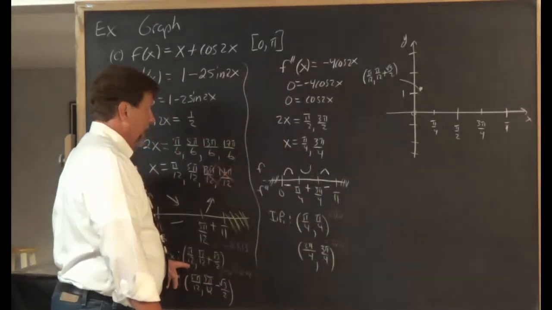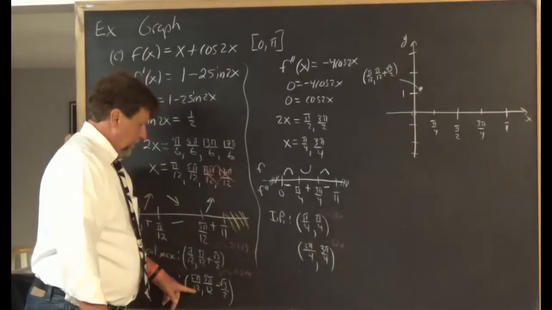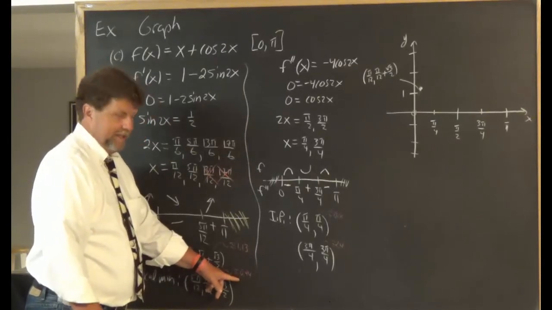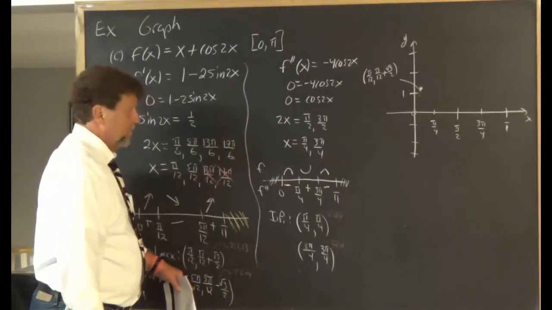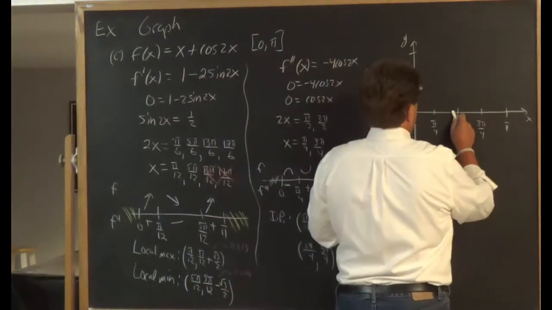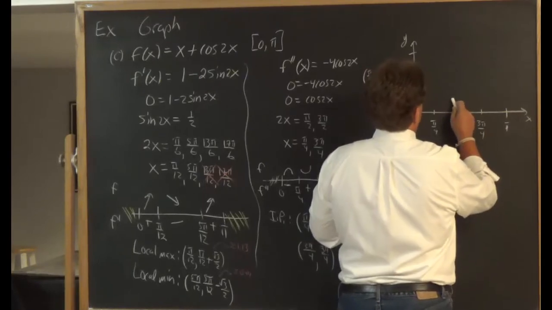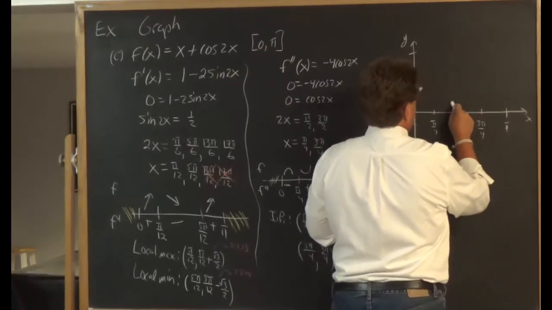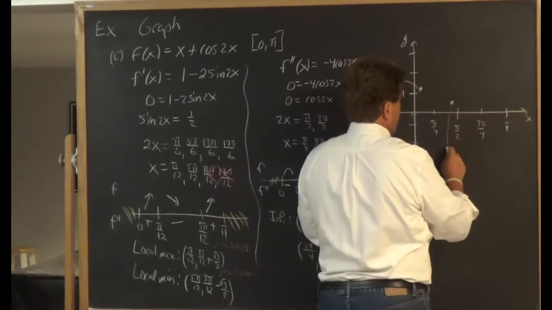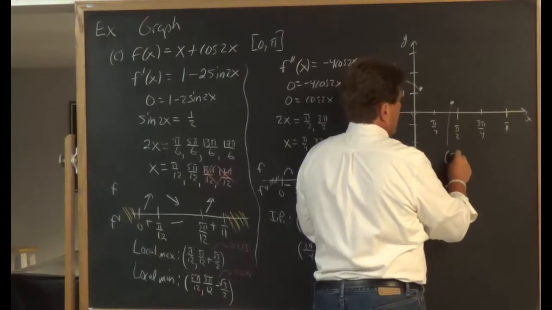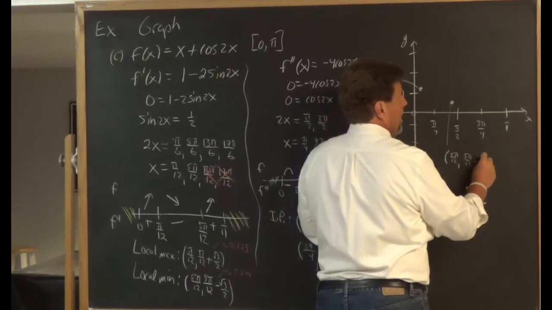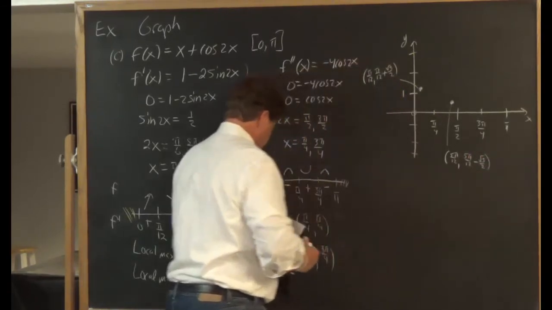So we have that as a local max. Local min, 5 pi over 12, and then this ugly thing, but we know what it's decimally, about equal to. So 5 pi over 12, that's less than pi over 2, and the y is about 0.44, so I'm going to put that about right here, and I'm going to label that as 5 pi over 12, comma, 5 pi over 12 minus square root 3 over 2.